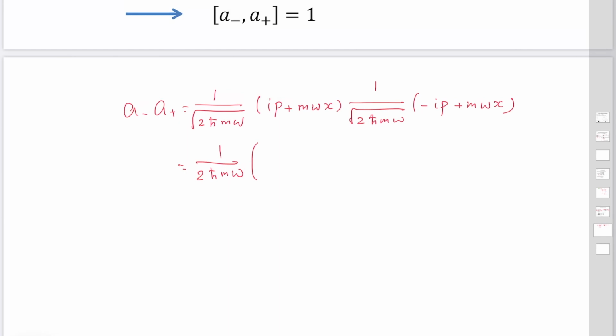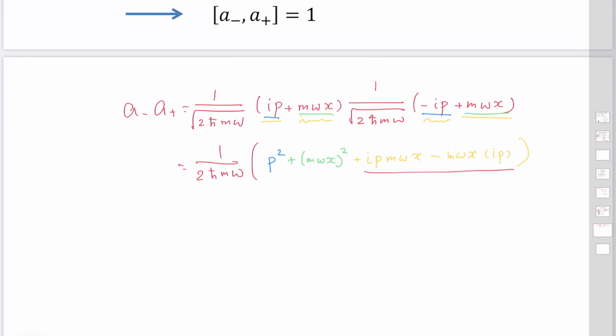For ip times minus ip, this becomes p squared. For m omega x times m omega x, we get m omega squared x squared. The last ones are the cross terms: ip times m omega x, plus, and minus m omega x times ip.